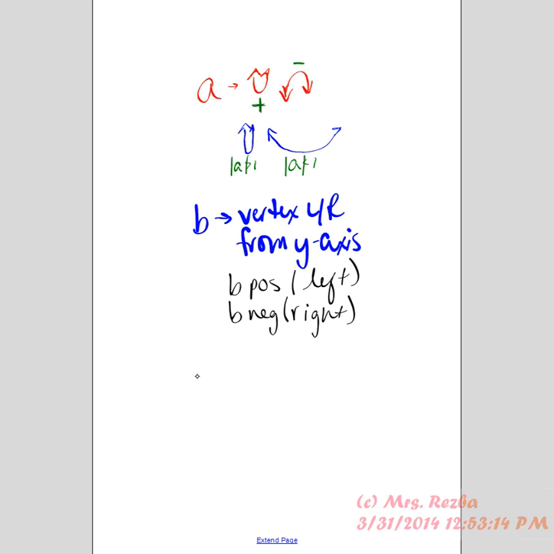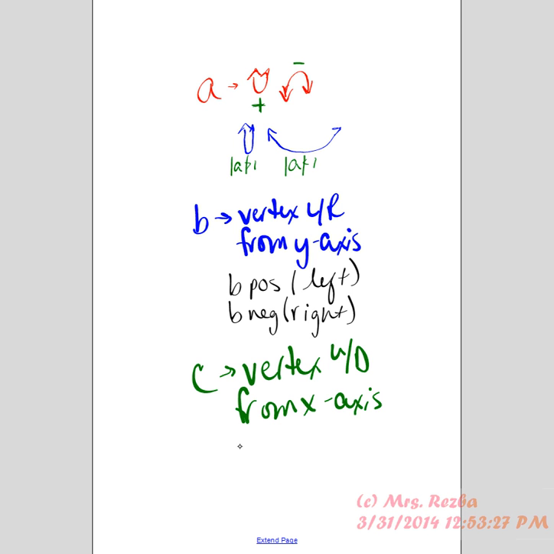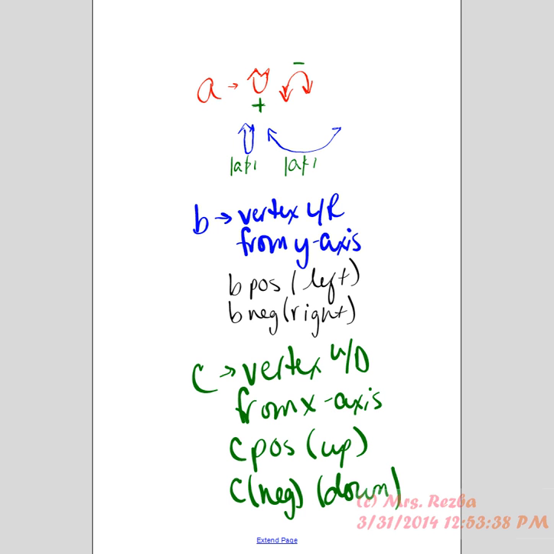Last but not least, C is going to tell us if our vertex is up or down from the x-axis. Okay? C positive, we are up, and C negative, we are down. Sorry for not being consistent on that, folks.